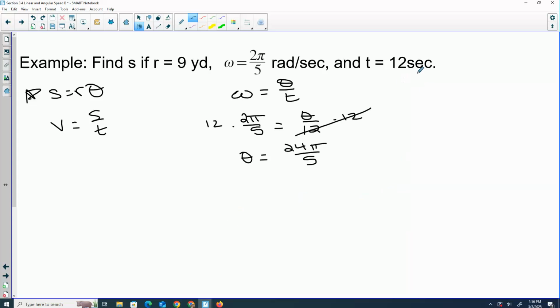Now we have theta, so we can do S equals R theta. My radius was 9 yards. My angle, 24 pi over 5.